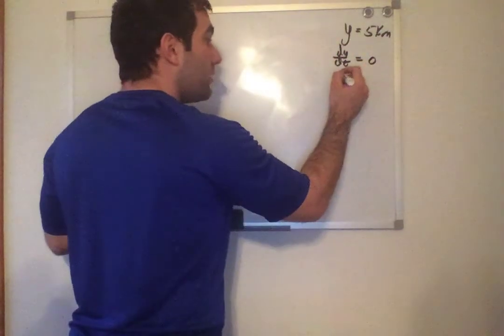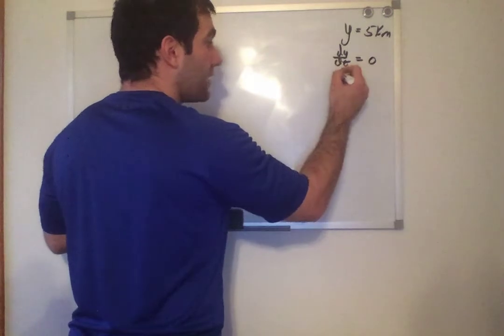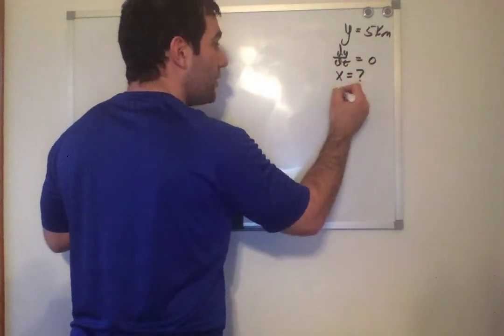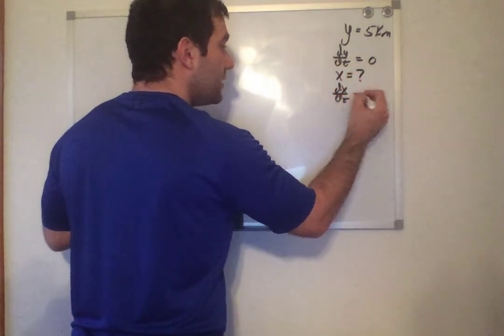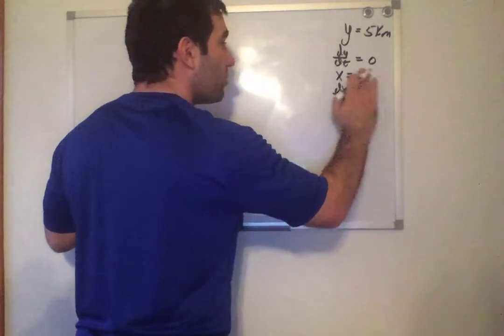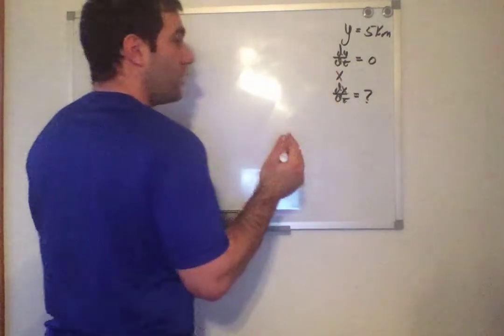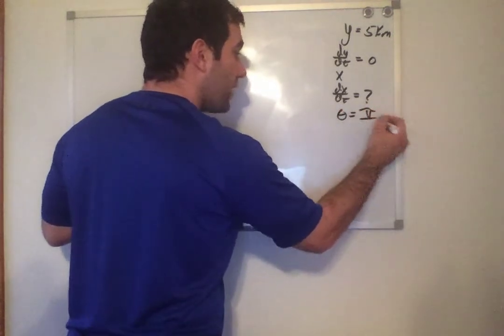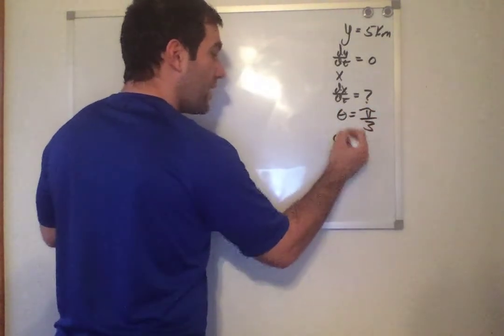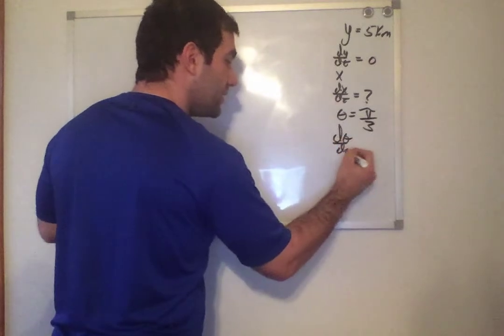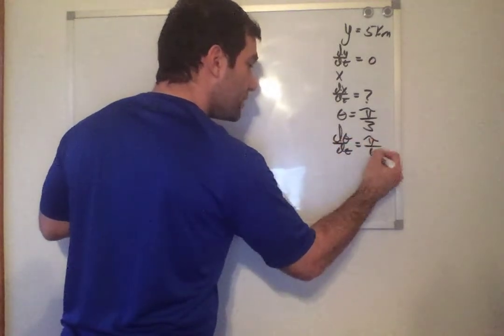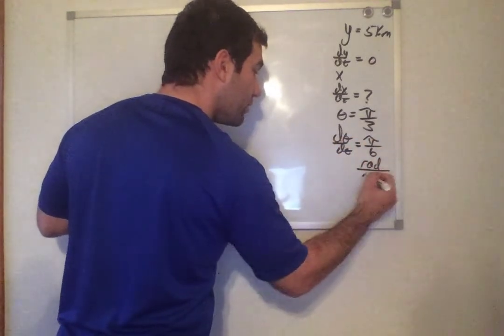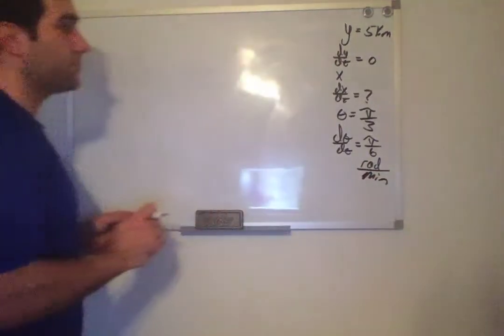We don't know what x is. dx dt, that's what we're trying to find. I guess I won't put a question mark by x. We don't have it. We have theta is equal to pi over 3. And we've got d theta dt is negative pi over 6 radians per minute.